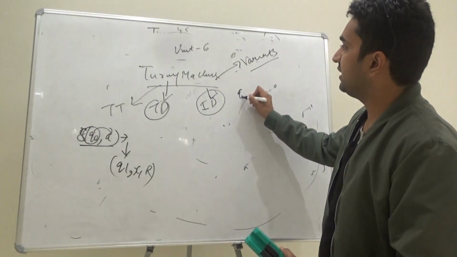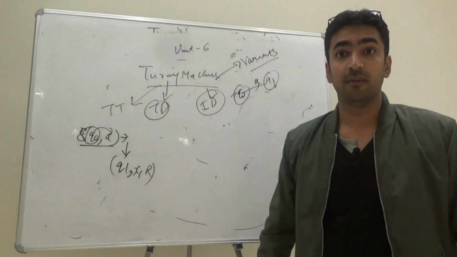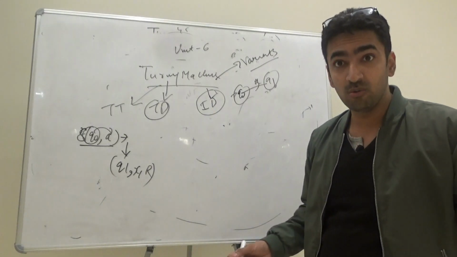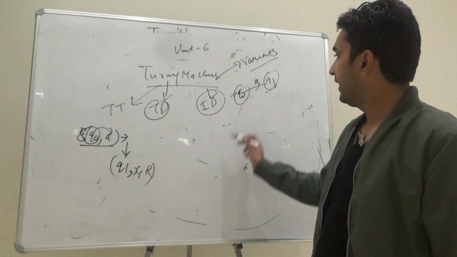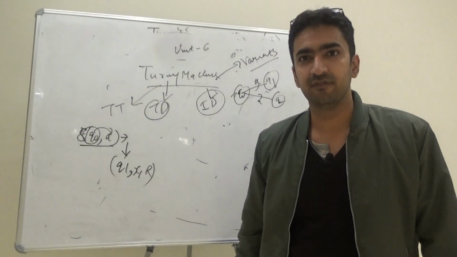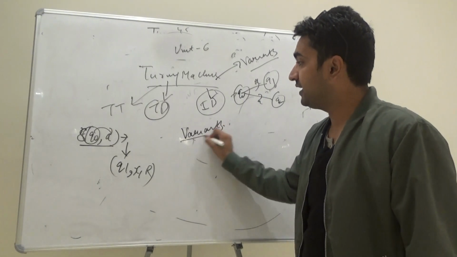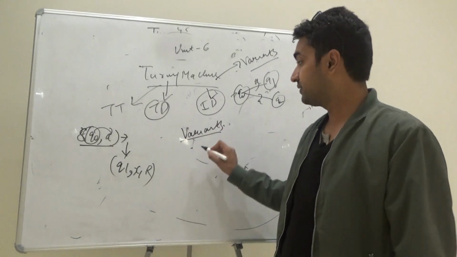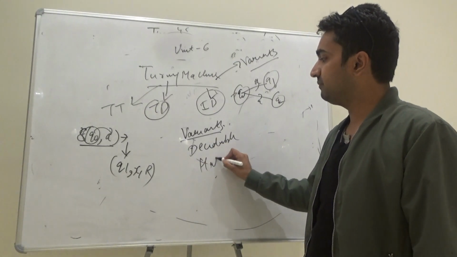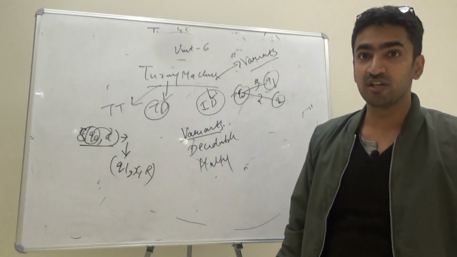A single input given to a particular state gives a single output. Deterministic, if it gives two outputs, it is non-deterministic. So there are many different variants of Turing machines that can be studied. After variants, there are two types of problems, decidable and undecidable, with the halting problem being an example of an undecidable problem. So these multiple choice questions can be studied.